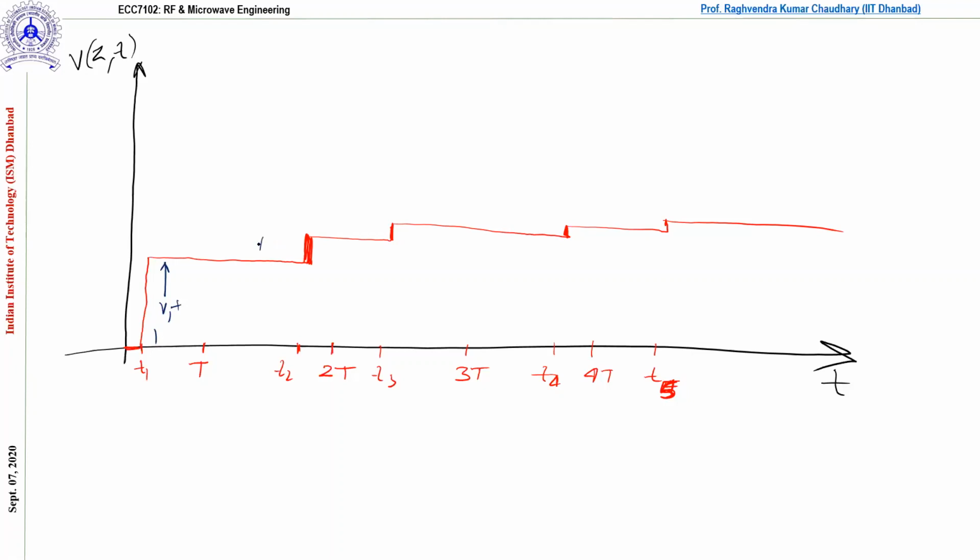This value will be gamma L, this is discontinuity V1 plus, and this discontinuity will be gamma G gamma L V1 plus. This will be gamma G gamma L square V1 plus, and this will be gamma G square gamma L square V1 plus, fine.